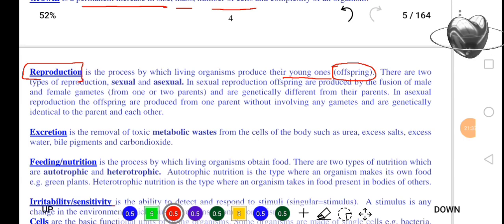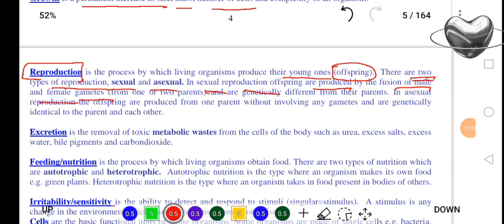Therefore, we are saying we have two types of reproduction. We have sexual and asexual. In sexual reproduction, offsprings are produced by the fusion of male and female gametes from one or two parents.